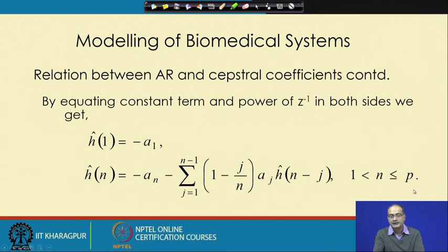According to the AR model, the model order is p in this case, so that many Cepstral coefficients are the important ones, and we can compute them using the AR coefficients.